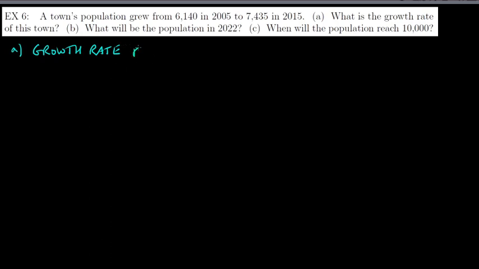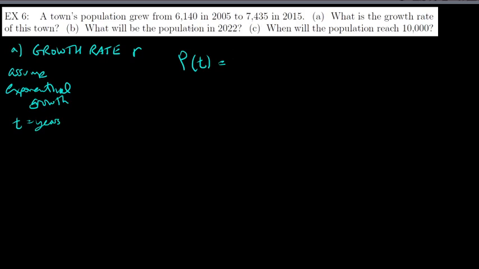So the growth rate we'll call r for rate. And since it's growing exponentially, they didn't say that, but it would say that in the problem, we're assuming exponential growth. So in other words, the population at time t, and this t will be in years in this case, because it's 10 years later.